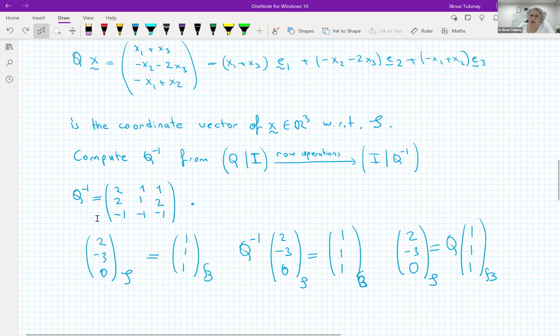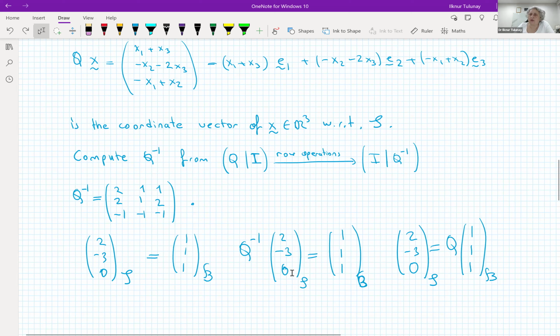The last row, we will have minus 2 plus 3, which will give us 1 again. So as you realize, when we multiply Q inverse with this vector, we obtain 1, 1, 1.